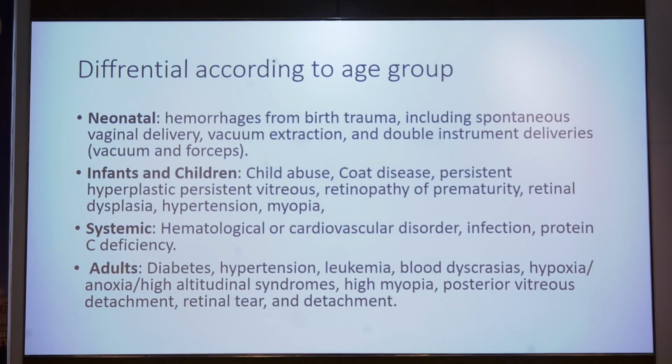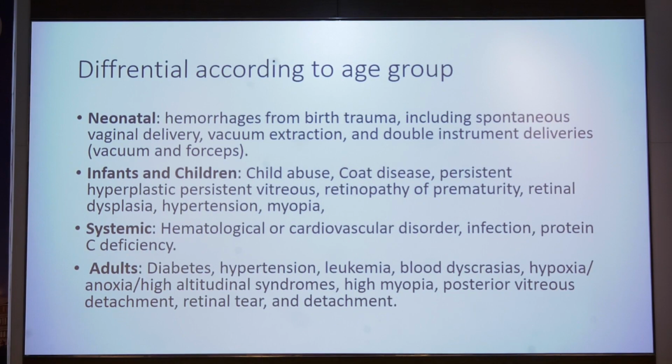We can also differentiate according to age group. In neonates, if hemorrhages are there, they are from birth trauma, including spontaneous vaginal delivery, vacuum extraction, and double instrument deliveries. In infants and children, child abuse, Coats disease, persistent hyperplastic primary vitreous, retinopathy of prematurity, retinal dysplasias, hypertension, and myopia can cause that.